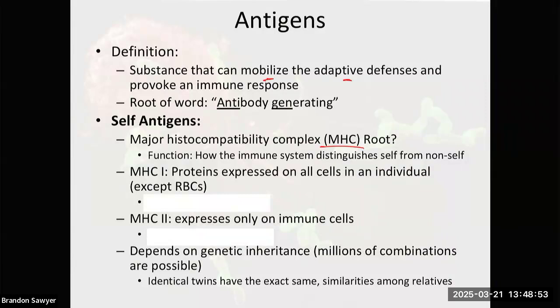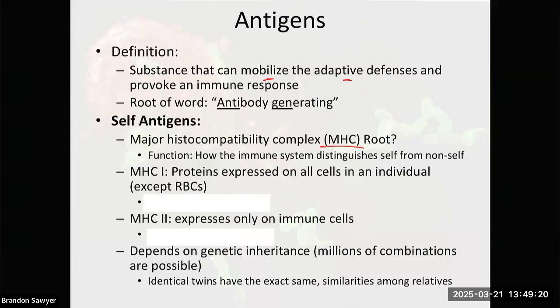So all that word is saying is, is this tissue compatible with the body? That's what MHC complexes do. They're like little ID cards on our cells. Our cells have these little things sticking off of them that are proteins, glycoproteins, and that's like the ID card for the cell. And so then the immune system is going to go around and be checking the ID cards of these cells to make sure they're supposed to be there.